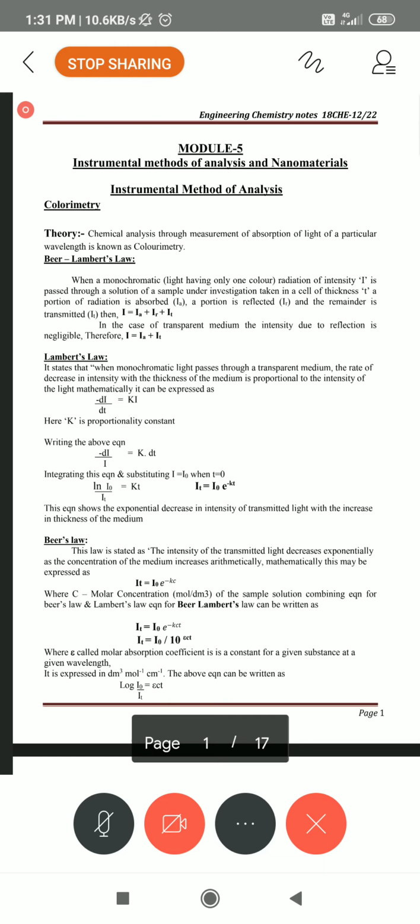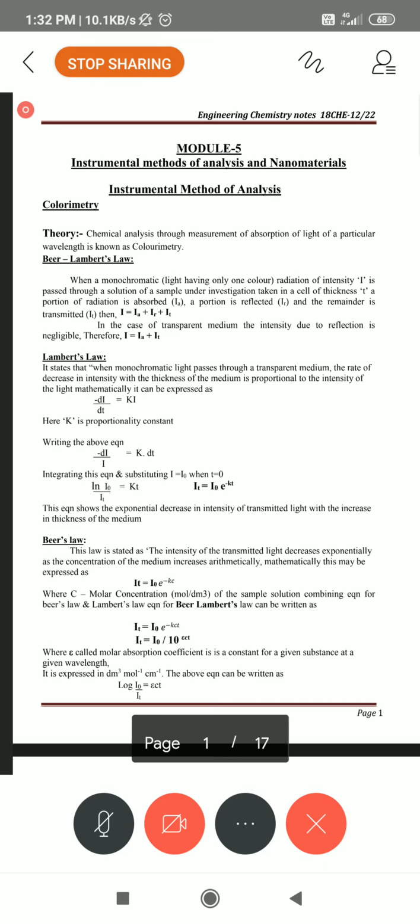Based on this, we can finally explain these emitted rays. According to this absorption, we call it Lambert's law: the intensity of transmitted light decreases exponentially as the thickness of the solution increases arithmetically. As the salt increases, absorption also increases.